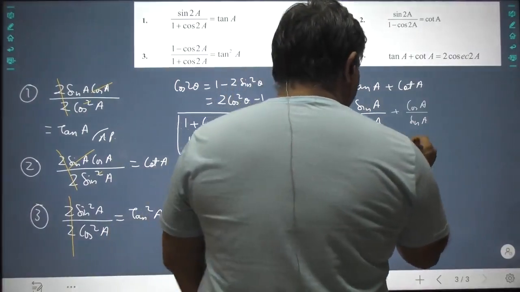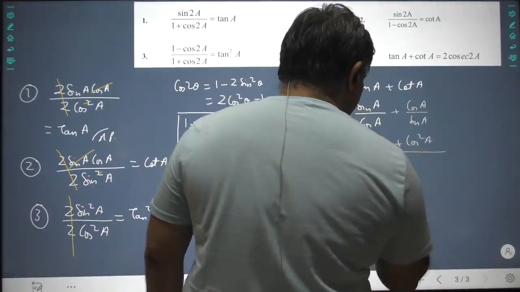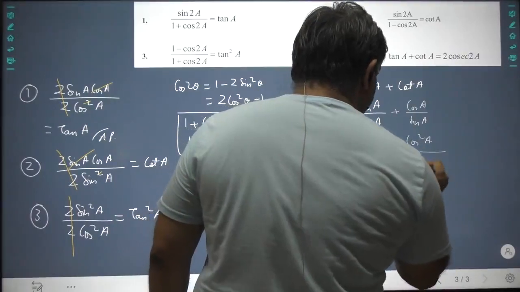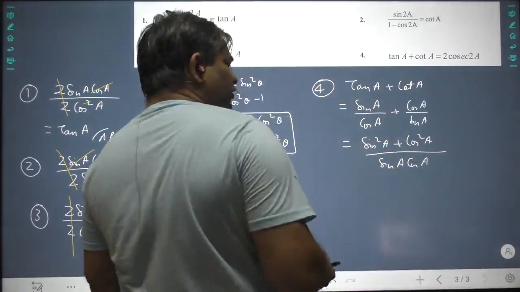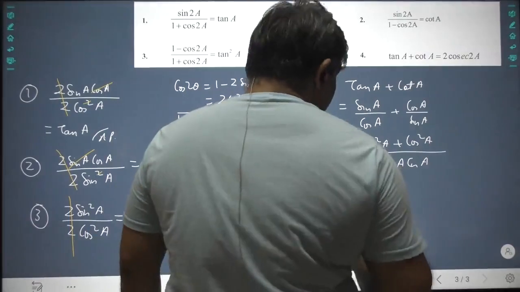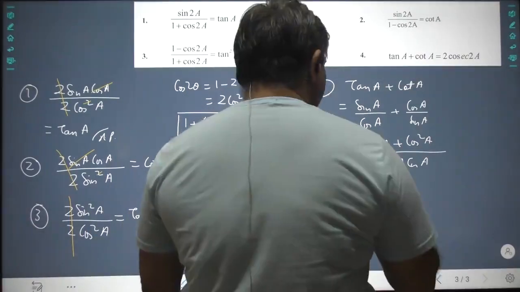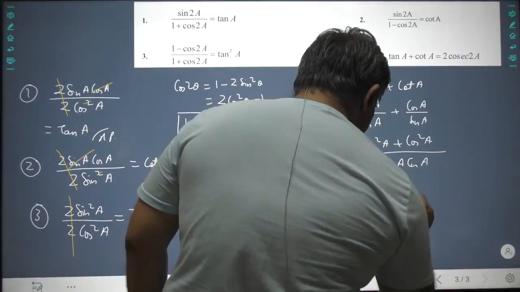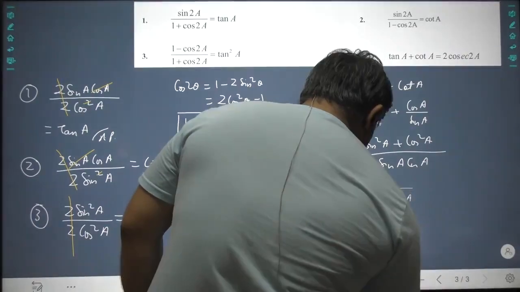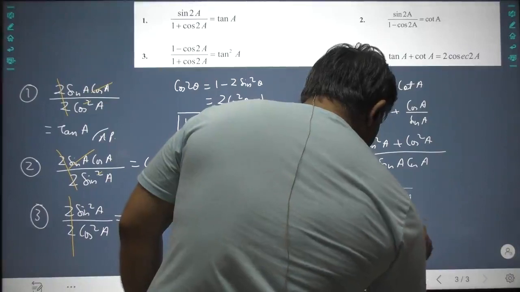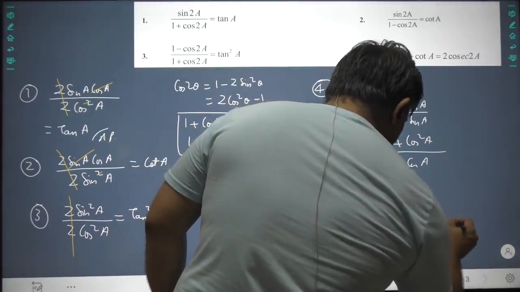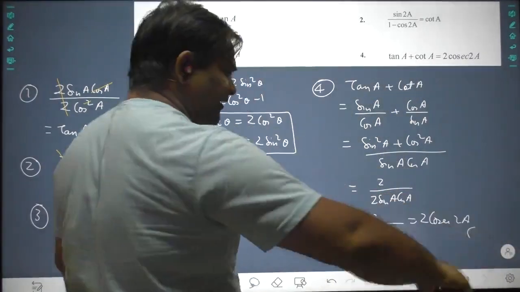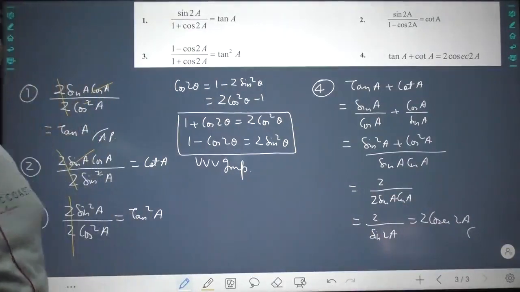So we have sin square a plus cos square a, and here we have sin a into cos a. Sin square a plus cos square a becomes 1. Multiply numerator and denominator by 2. So we have 2 upon 2 sin a cos a, which can be written as 2 upon sin 2a, which becomes 2 cosec 2a.